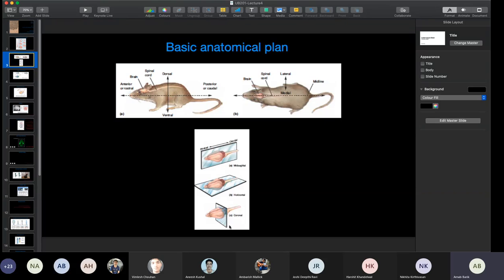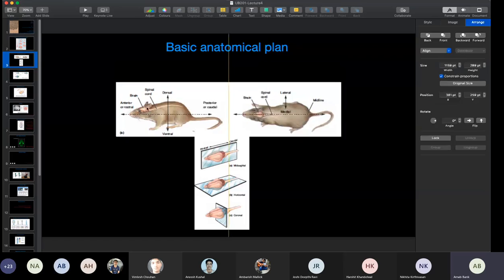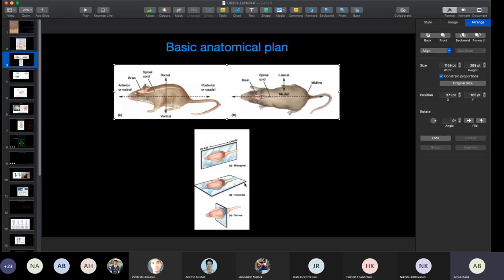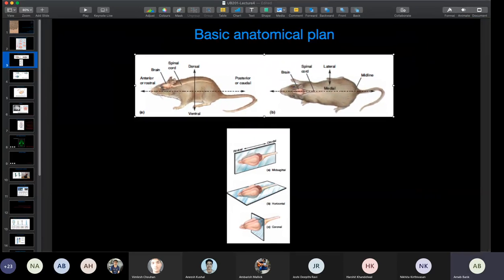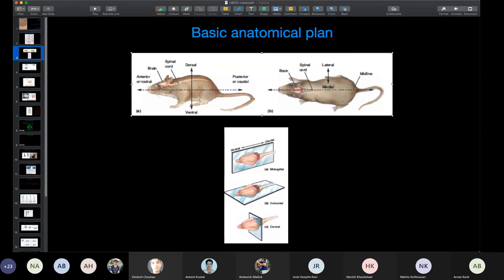You can cut it coronally, that is like this, kind of driving a blade from the top to bottom, or you can cut it sagittally, which is sideways like this, or horizontally like this.